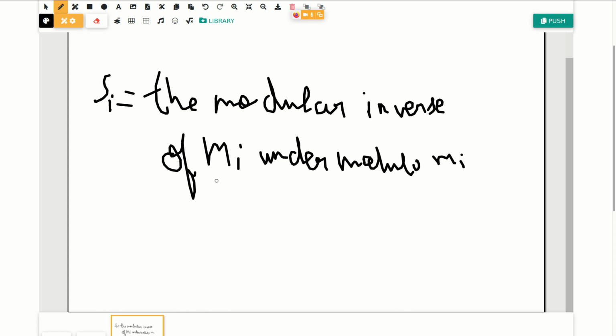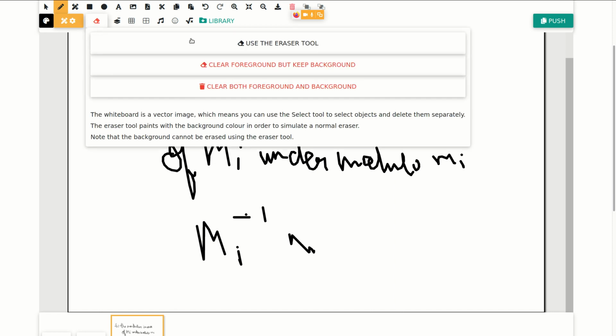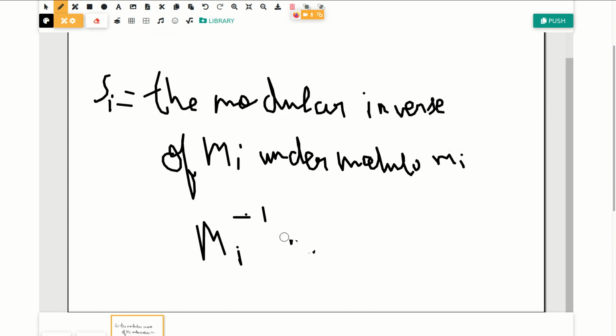So it's capital Mi inverse under mod small mi. How many of you are not aware what a modular inverse is here?